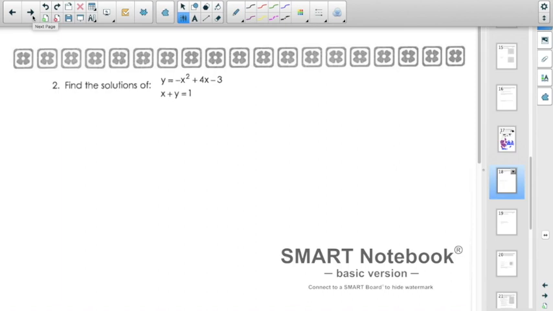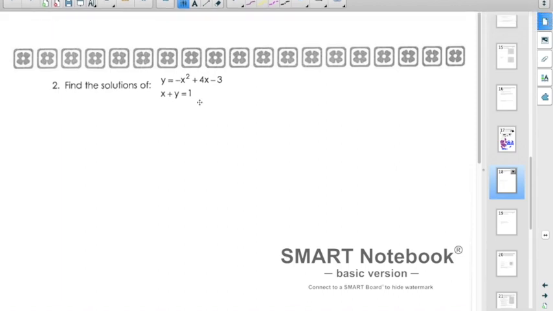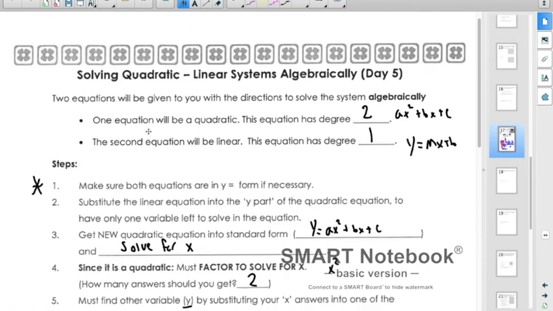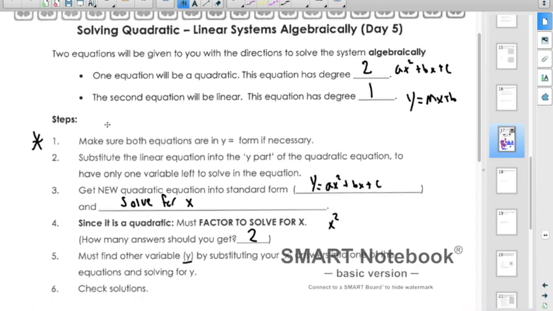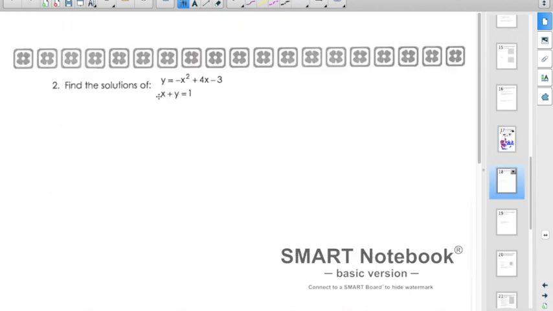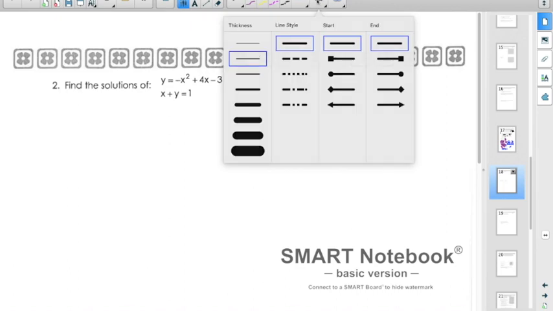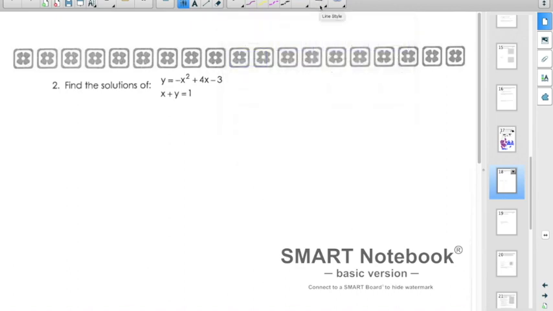Number 2, find the solutions of y equals negative x squared plus 4x minus 3 and x plus y equals 1. Okay, recall that we need to make sure both equations are in y equals form. So right here, y equals is good, but here I have x plus y. That is not so good. We're going to have to get y by itself for this bottom piece.